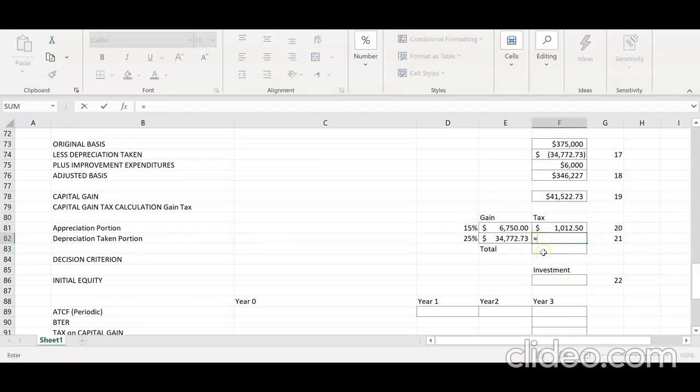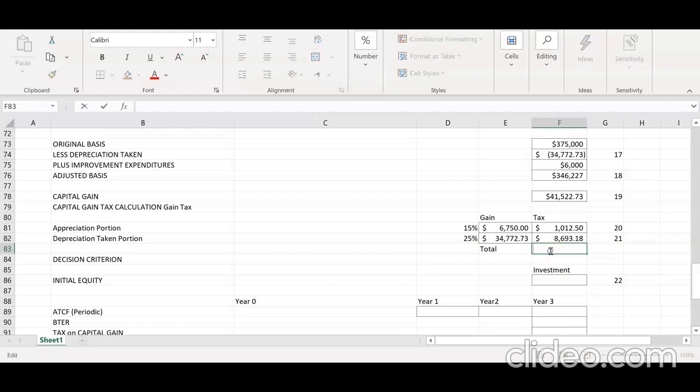For the tax, we can use the A2 multiplying, okay.